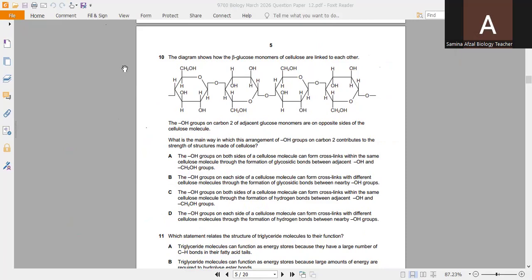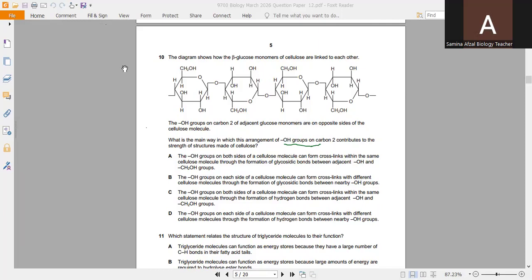The OH groups on carbon 2 of the adjacent glucose monomers are on opposite sides of the cellulose molecule. What is the main way in which this arrangement of OH groups on carbon 2 contributes to the strength of the structure made of cellulose?